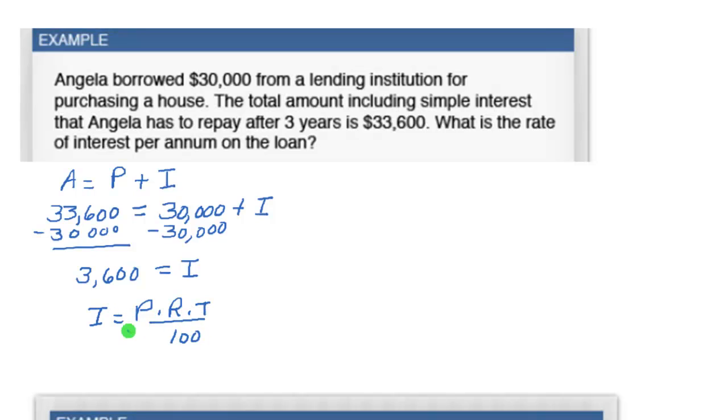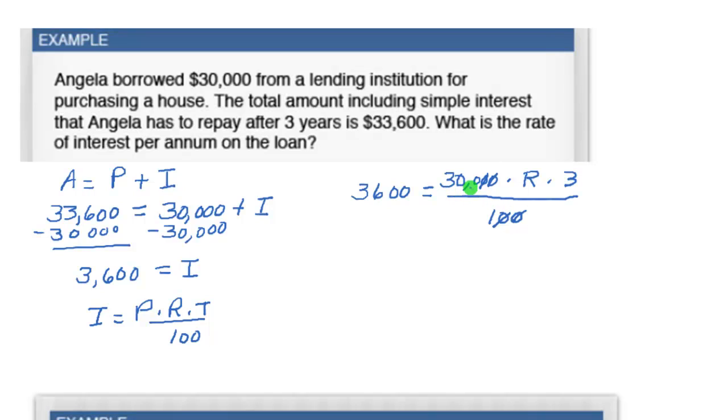So let's substitute in what we know. The interest is 3,600. The principal we know was 30,000 times rate is what we're looking for, and the time is 3 years divided by 100. And so again, I'm going to reduce that 100 a little bit.